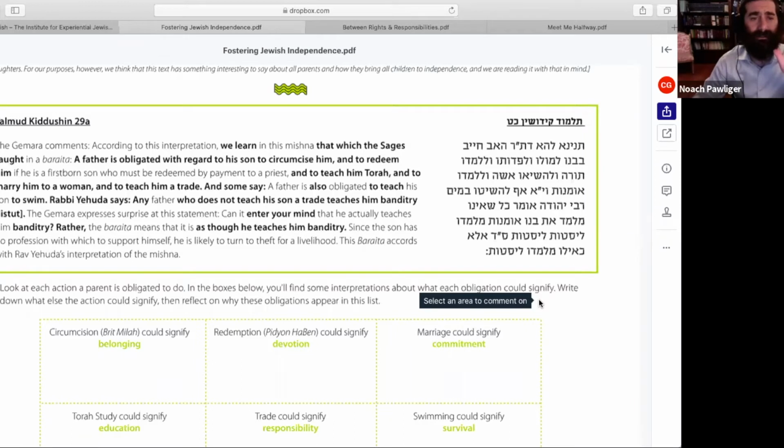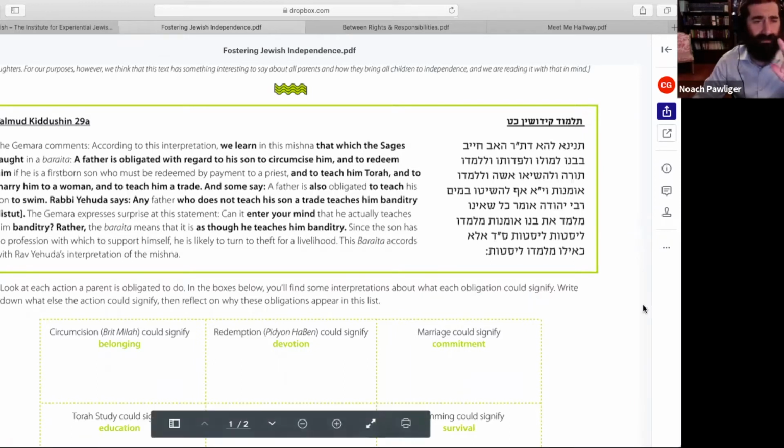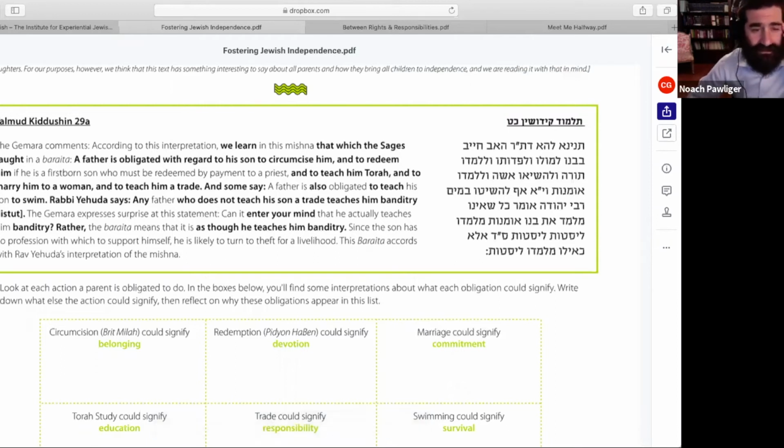Okay. Zooming out from it, it seems like it's also, in general, pointing out that a parent is obligated to give their child direction, and somewhat of a pathway, a trajectory, that guides them to have the empowerment to make decisions for themselves that lead to finding their reason for being, because all these things seemingly are steps towards that.